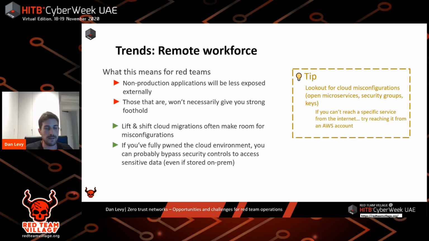Another point is that very often there are misconfigurations from the AWS perspective where security groups are misconfigured. And if you can't directly access a server from the internet, if you have an AWS account, you might be able to access that server thanks to your AWS account, even though it doesn't belong to the enterprise you're trying to own.